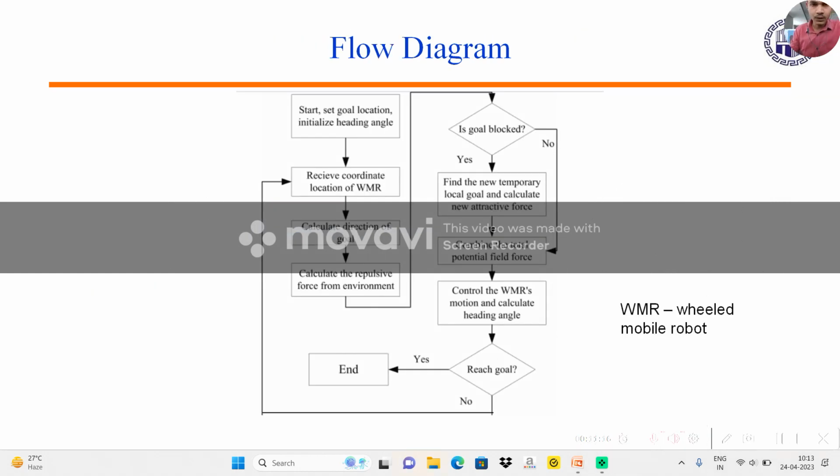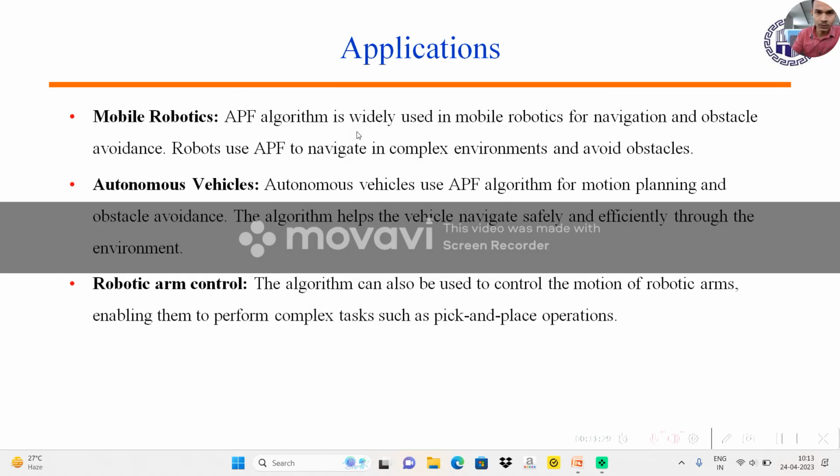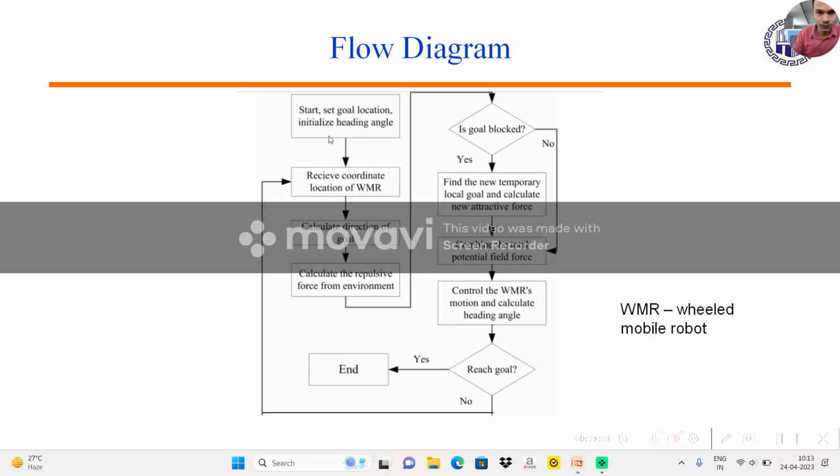This is the flow diagram. WMR is the wheeled mobile robot. First we set the start and the goal location, and initialize the heading angle, the direction in which the robot tries to move. Receive the coordinate location of the WMR, calculate the direction of the goal, and then calculate the repulsive forces from the environment if there are any obstacles.